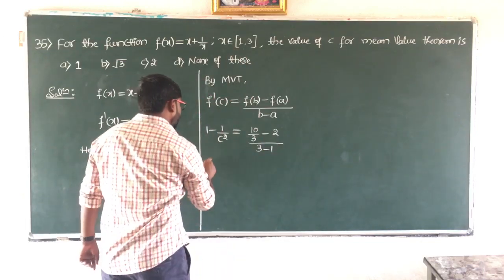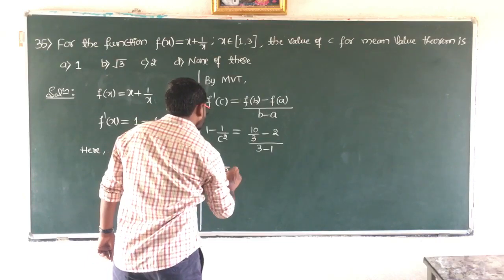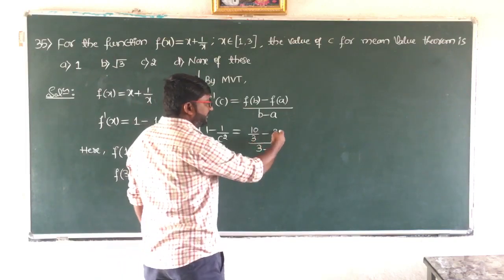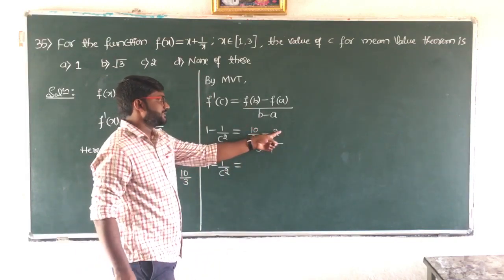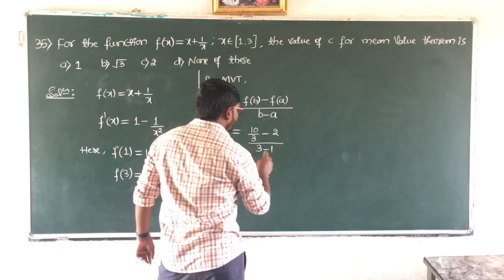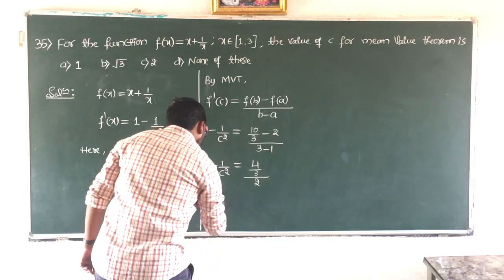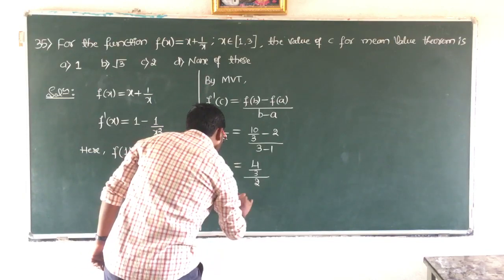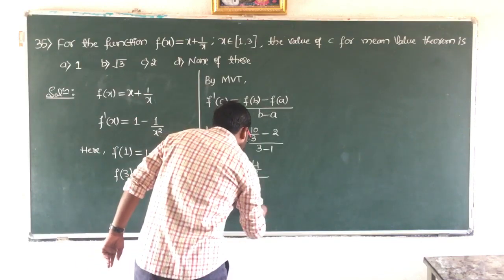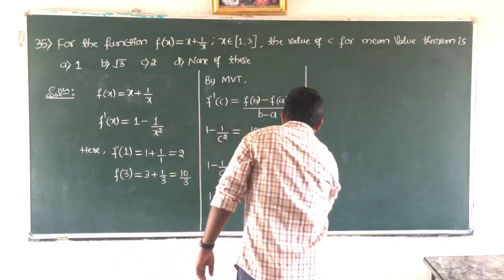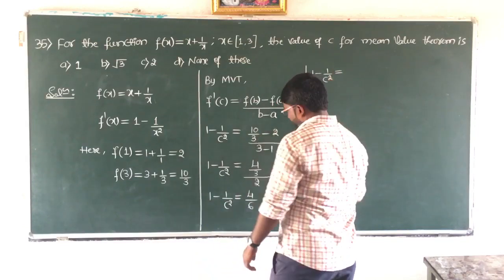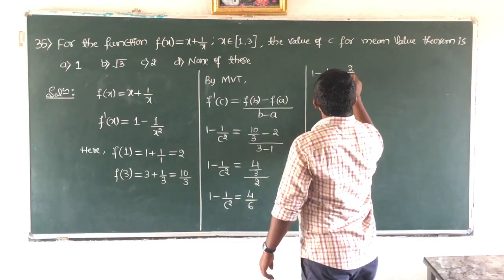Taking the LCM, 3 is multiplied with 2, we get 10 minus 6, that is 4. So 4 divided by 3, then whole divided by 3 minus 1, which is 2. These two are multiplied, so 4 divided by 6, which becomes 2 by 3.